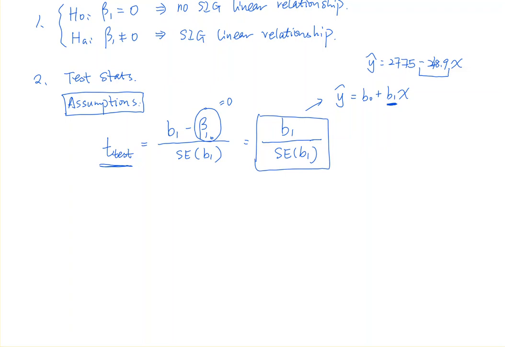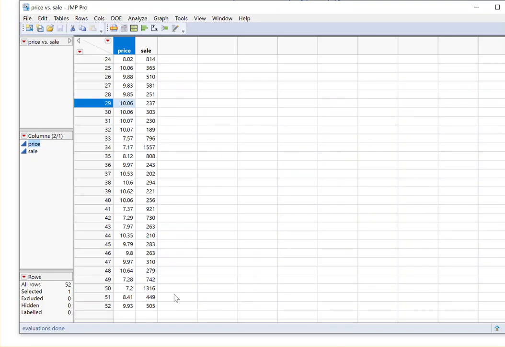So how to get b1? b1 is just from the sample, you get the sample linear regression equation. For example, you have this sample equation, and then this is your b1, right? Okay, so next we will talk about the standard error of b1. First, you don't need to worry about calculation of the standard error of b1. Let's see from our output.